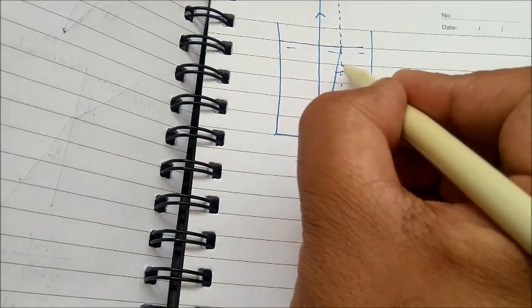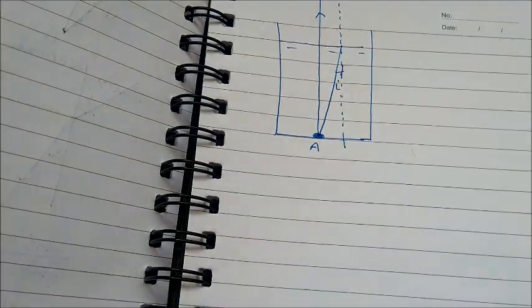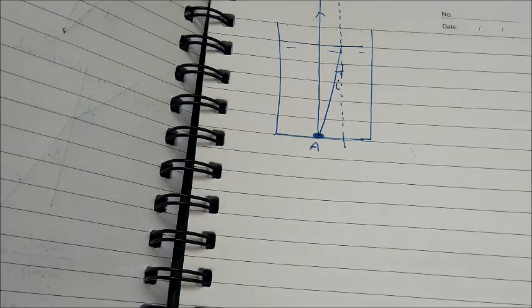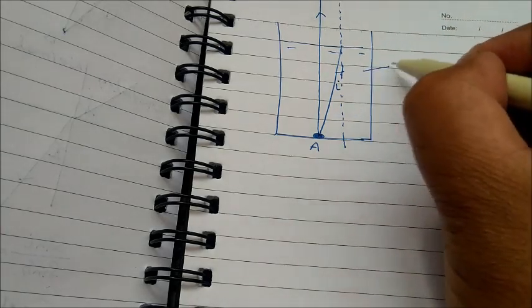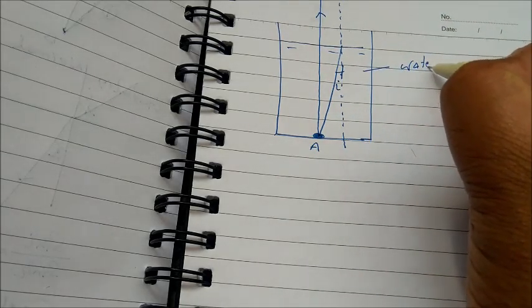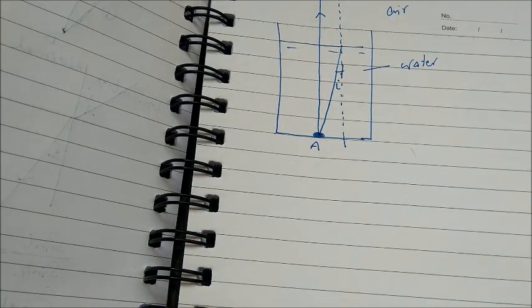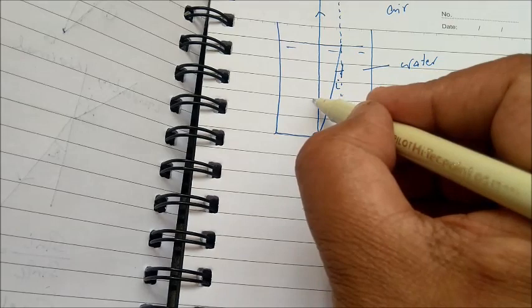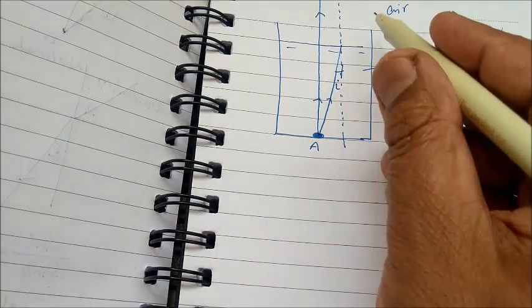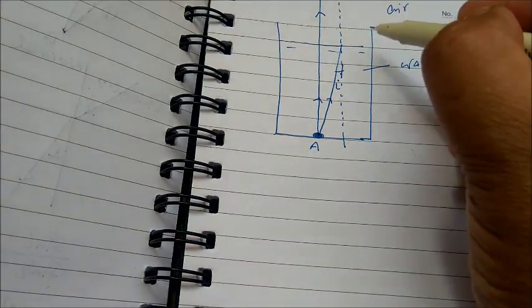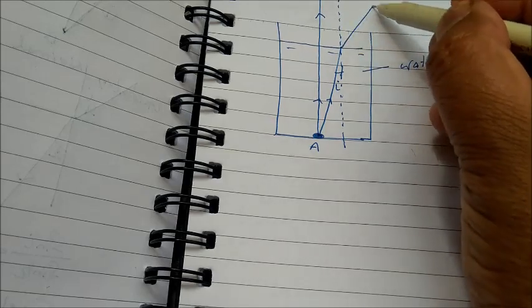So this is the angle of incidence. And here this is water, and here we have air. So this light ray is moving from denser to rarer medium, so it will move away from the normal. Let us take like this.